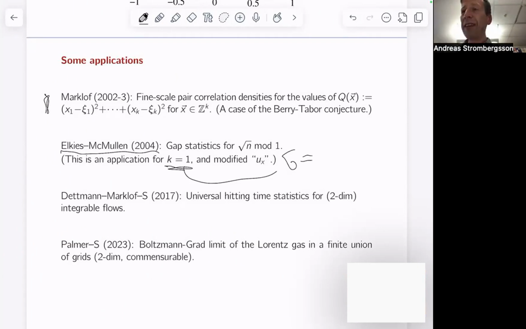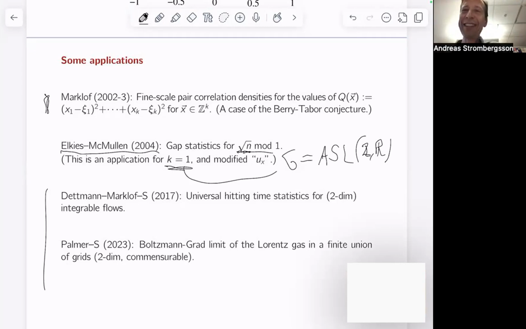When k is 1, this is known as the affine special linear group, and it acts on R^2 by affine linear maps. In that case, Elkies and McMullen used this to get an understanding of the limiting gap statistics of the sequence square root of n considered modulo 1. But also here are some applications in mathematical physics.